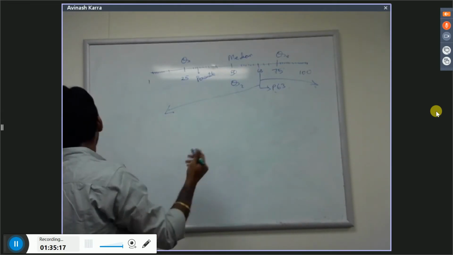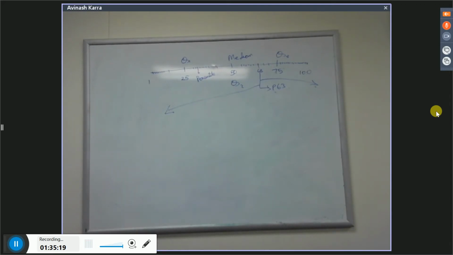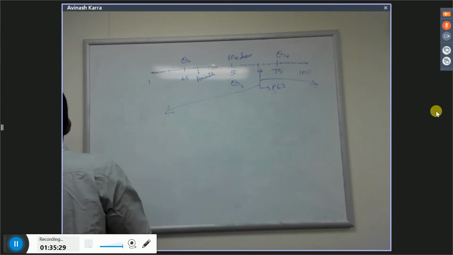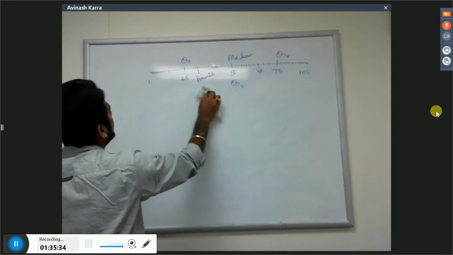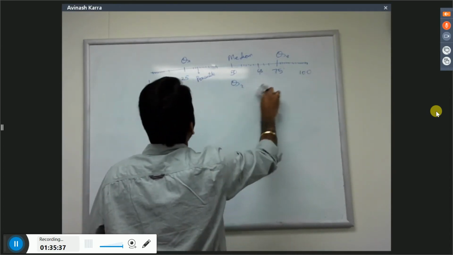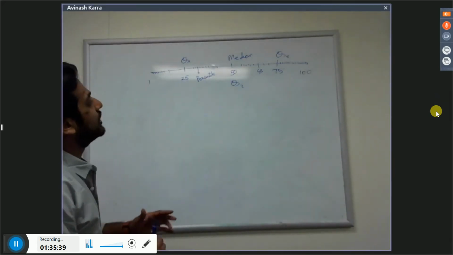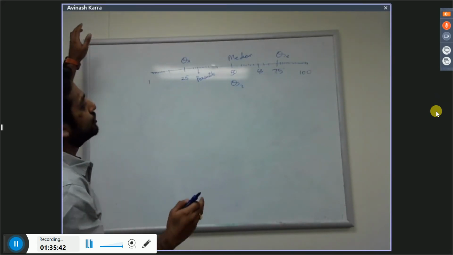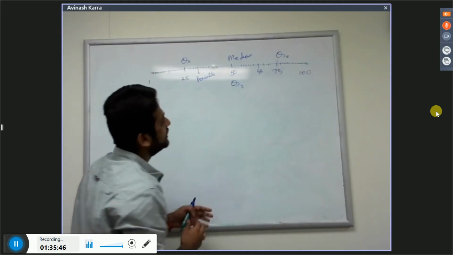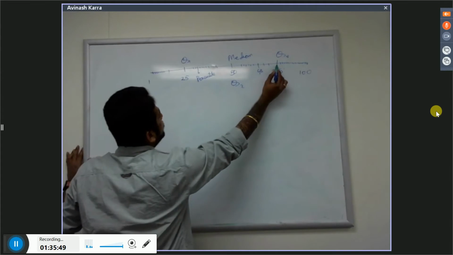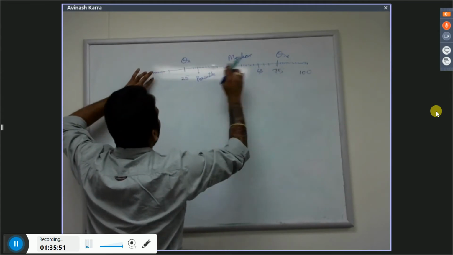Okay, let me explain with the example. And there is one more small concept: interquartile range. See, they want this value and this value, so they subtracted Q3 minus Q1.